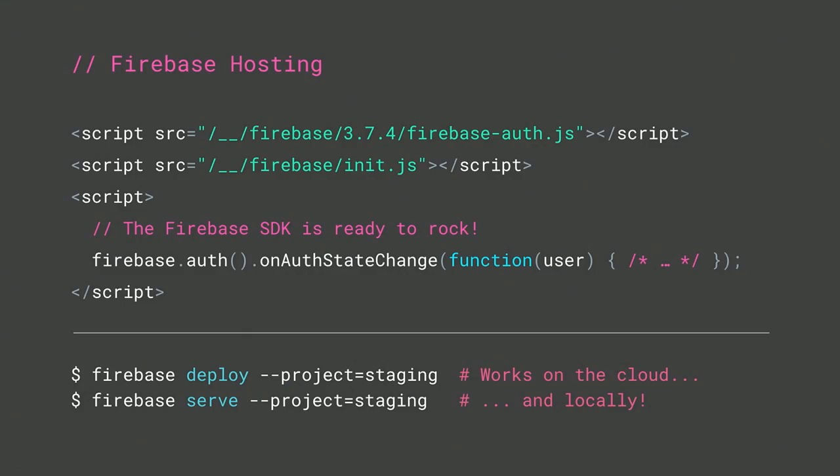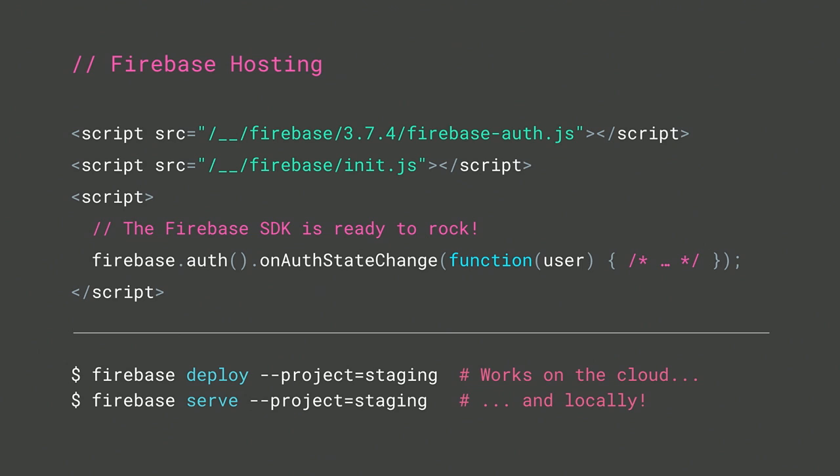And we have been smart enough to set those environment variables for you, no matter where you are, either running locally using Firebase Serve or on the cloud when you've run Firebase Deploy. So this is super useful. If you now git clone this file and you run firebase deploy to a completely different project, it'll work. There's no code editing, no configuration editing, which means that it's super easy to switch between environments.